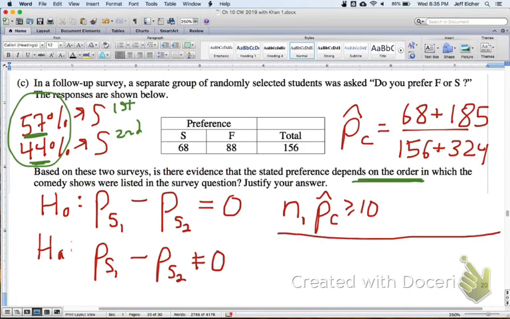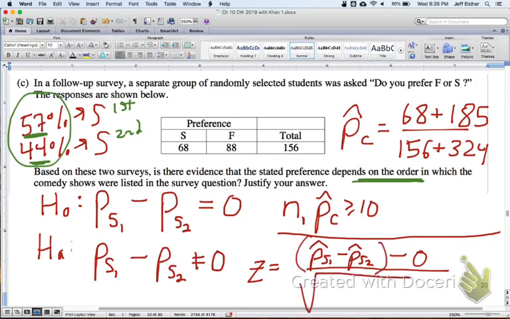The other thing to be careful about is when you calculate your test statistic, you're going to have p hat S1 minus p hat S2 minus 0. But your denominator, remember, you're going to have that p hat c. So you have your first sample size, which was 324.